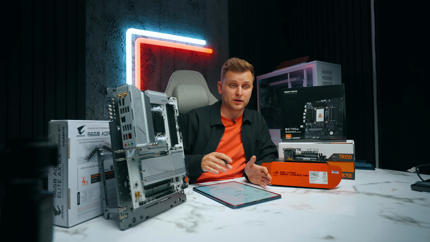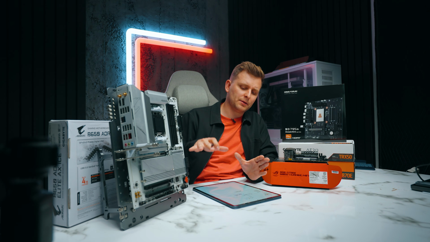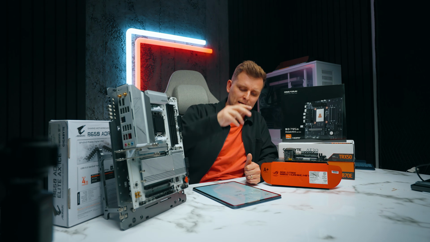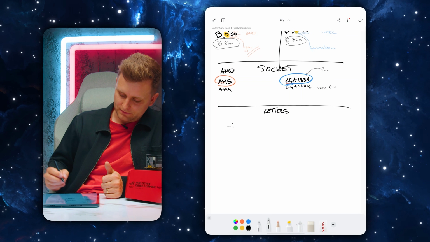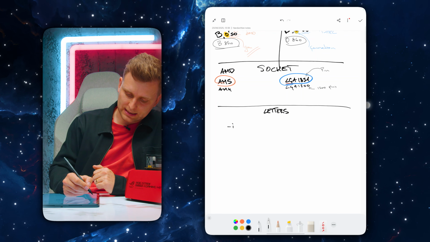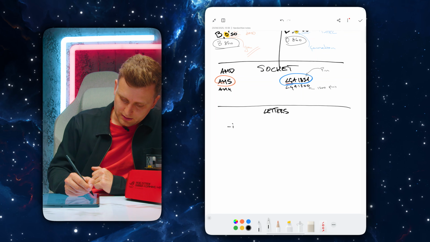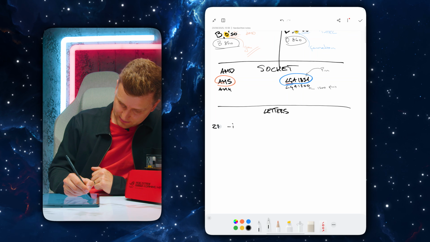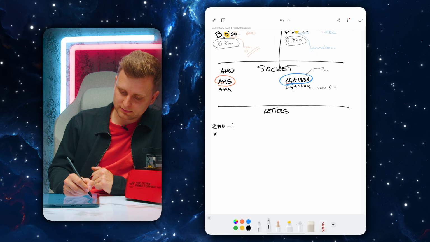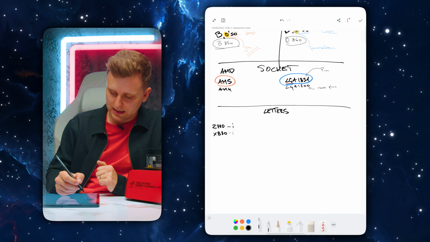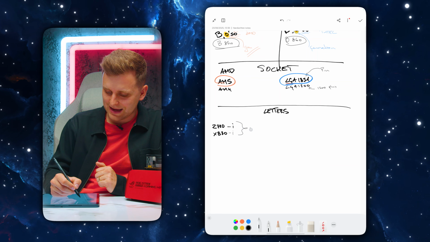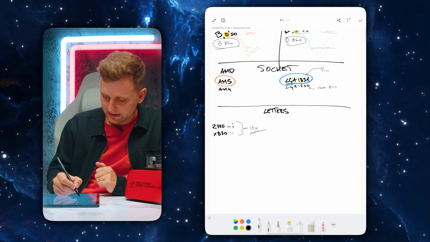And now, because they're on both sides, I'm gonna put them together because that means on both Intel and AMD platforms. So if you see a -I at the end of a motherboard name, so let's say this is either Z790 or X870, and then you have a -I at the end, what that means is an ITX size motherboard.